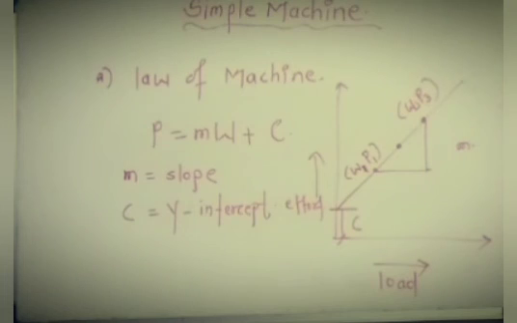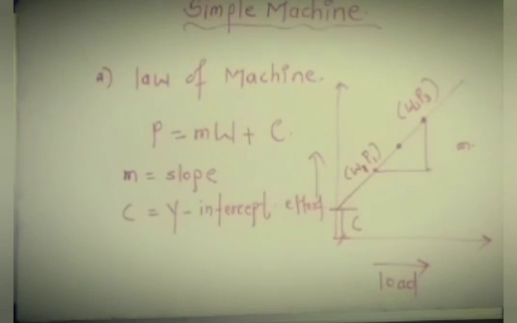You can see on the board, I already plotted one simple graph to make a relation between load and effort. Whenever we have certain values of load, say W1, W2, W3, and certain values of effort P1, P2, P3, we plot a graph with load on the x-axis and effort on the y-axis.